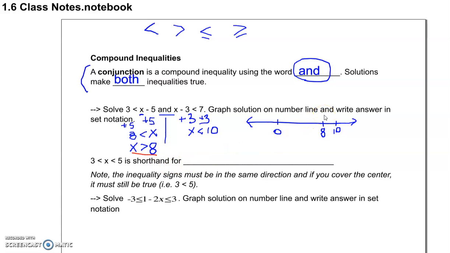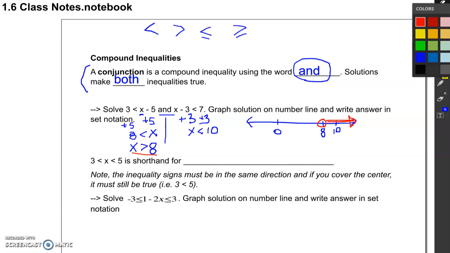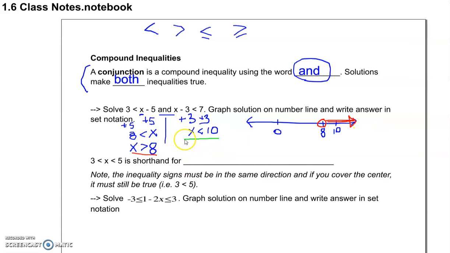So notice it's just greater than, it's not greater than or equal to, so that would be an open circle going out to the right. So that is x is greater than 8. I'm going to change colors again. I'll do green. Green for the x is less than 10. So again, it's not less than or equal to, it's just less than. So I'm going to circle the 10 and go to the left because that's my less than side.